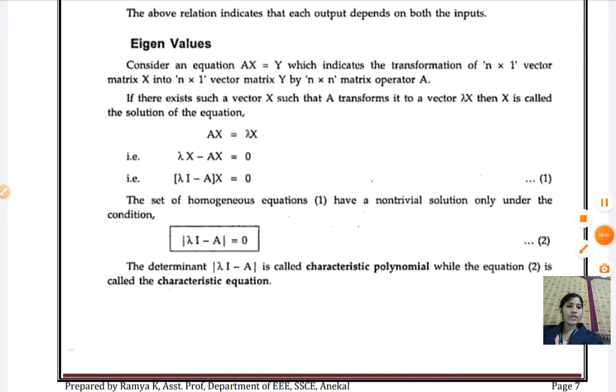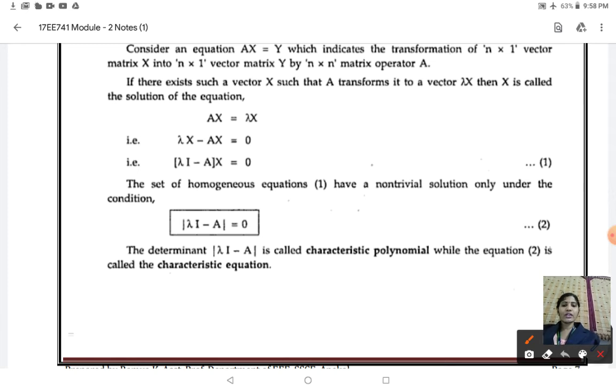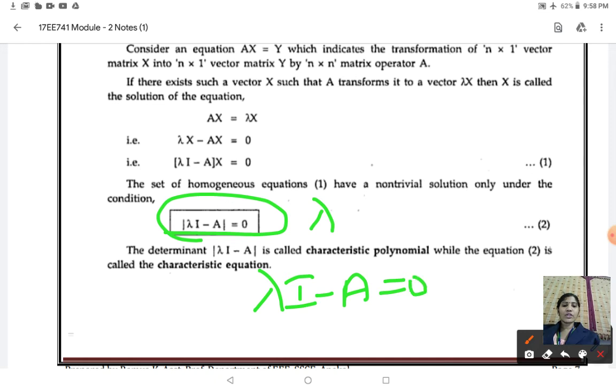So when you equate this sI minus A as lambda I minus A equal to 0, it is going to give a characteristic polynomial. In this, lambda represents the eigenvalues. If you substitute lambda I minus A equal to 0, you will get one equation. That equation is nothing but your characteristic equation.